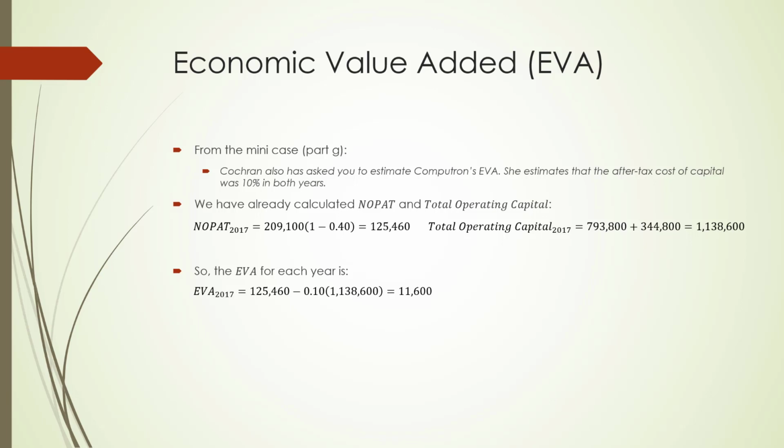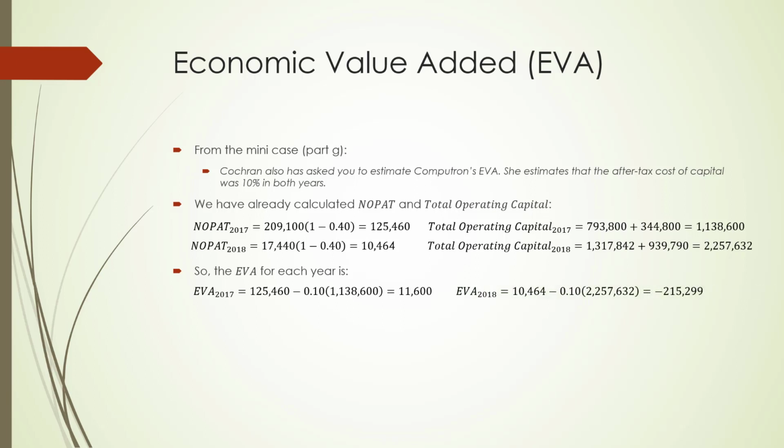As long as EVA is greater than zero, everything is good. Now, in 2018, we have NOPAT of $10,464, and operating capital, remember, went up by quite a lot to $2,257,632. So EVA in 2018 was negative $215,299.